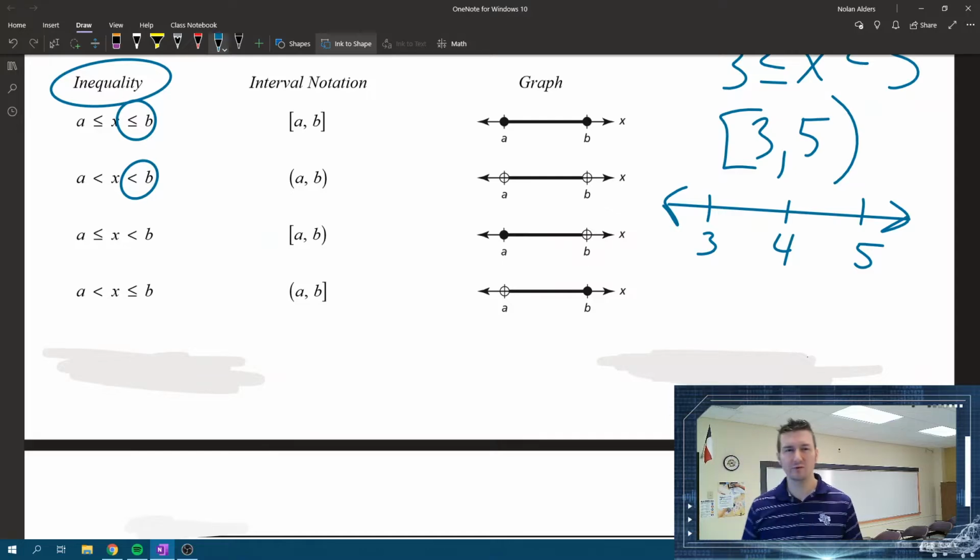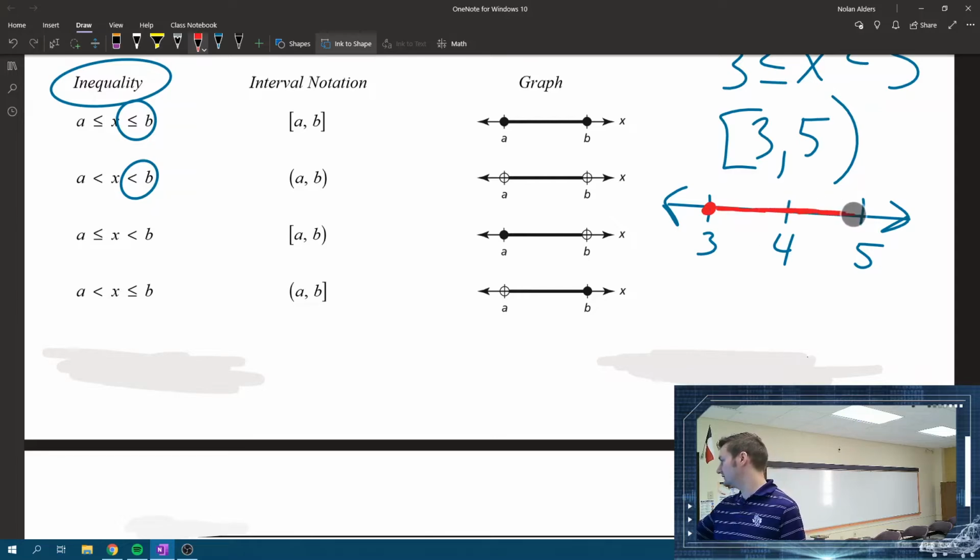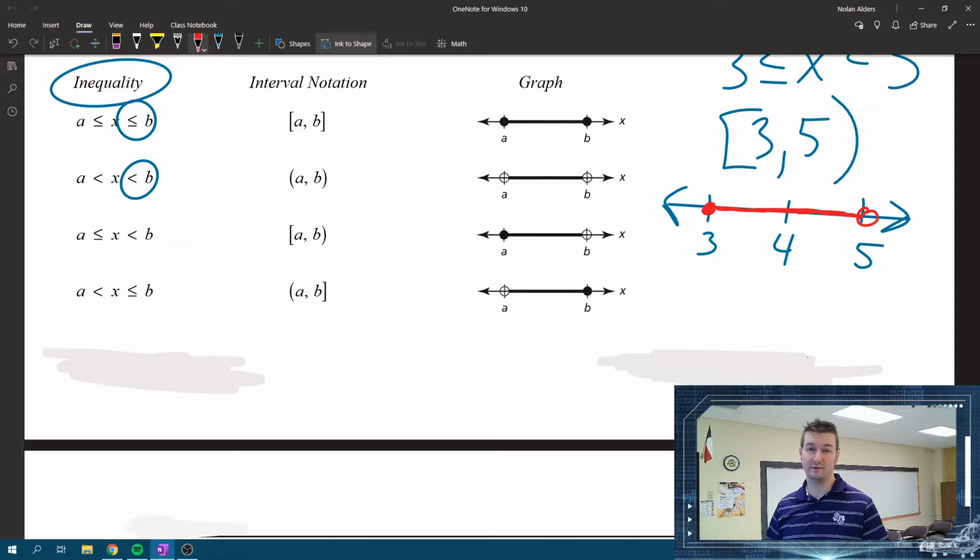Then we want to graph all the numbers between 3 and 5, but not including 5. We could show it like this. If we do a solid dot, that means that we're including 3, and then we're going to sketch in all these numbers all the way up to 5, but we're not including 5, so we'll put a circle. So again, that's all the numbers between 3 and 5, including 3, but not including 5.